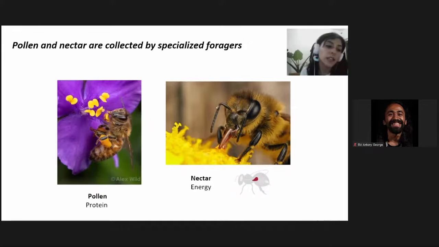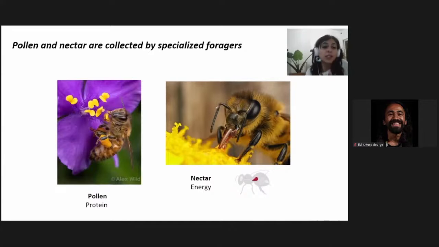In this context, while nectar provides energy to the colony, pollen is its main source of proteins. Now, there are fundamental differences in how bees collect and transport nectar and pollen.